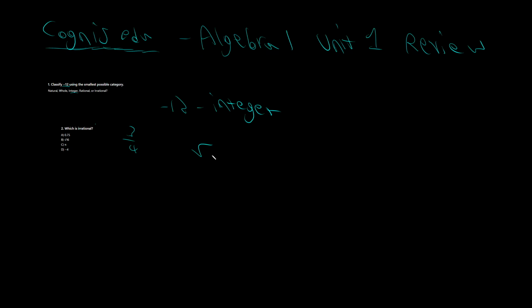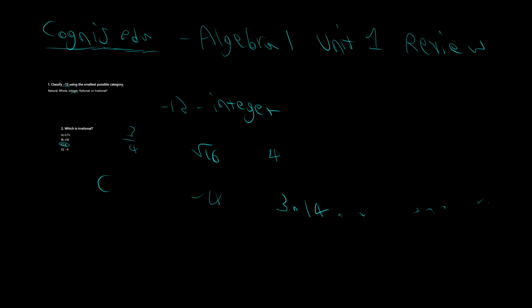Square root of 16: what number multiplied by itself equals 16? 4, that's rational. Negative 4 is an integer, a rational number. And pi, 3.14 repeating infinitely, is obviously irrational. So it's C, pi.